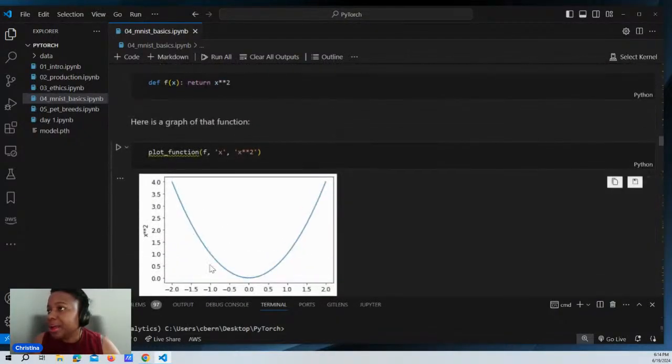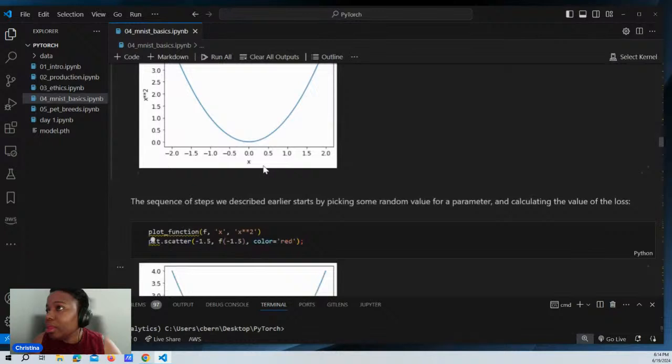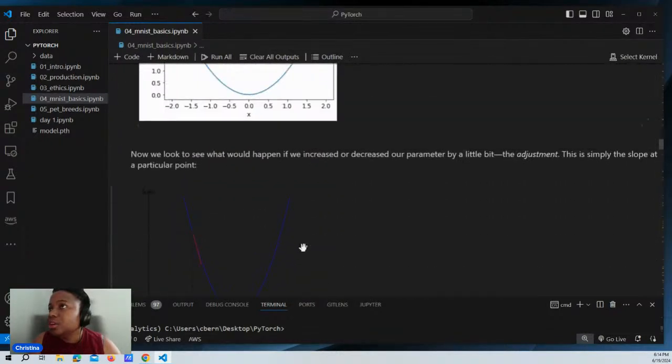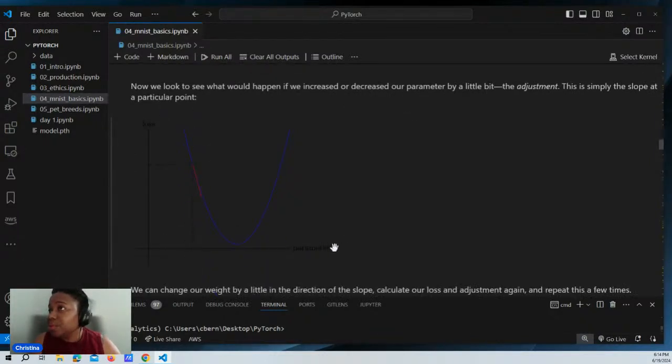So here it plots this parabola. Everything's a parabola. And it scatters a bunch of plots here. So what it's going to look at is as we move across the parameters that we're measuring and the loss and go down and make adjustments in that slope.